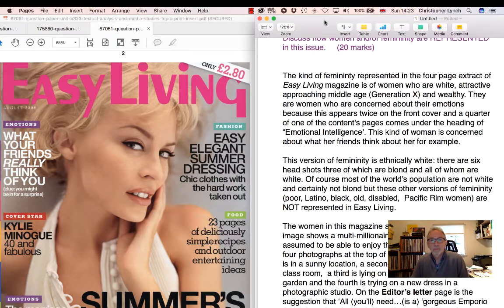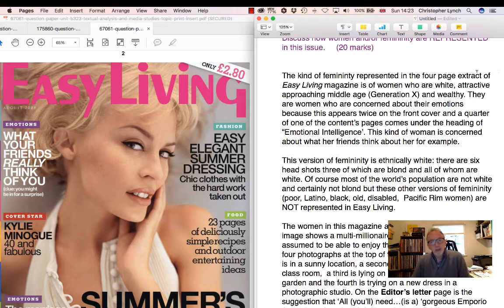So, the kind of femininity represented in the 4-page extract of Easy Living is of women who are white, attractive, approaching middle age, that's to say Generation X, wealthy.